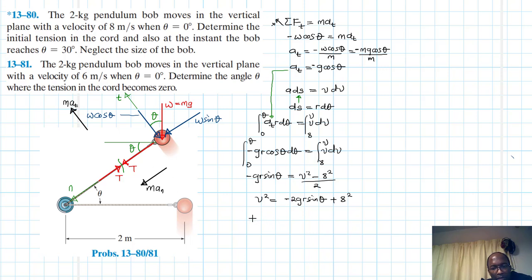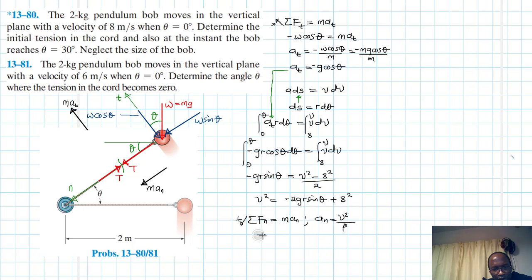So let's now sum up the forces in the normal direction. Summation of forces in the normal direction equals m a_n, where our a_n is the centripetal acceleration, right? And then this one is going down, being our reference.